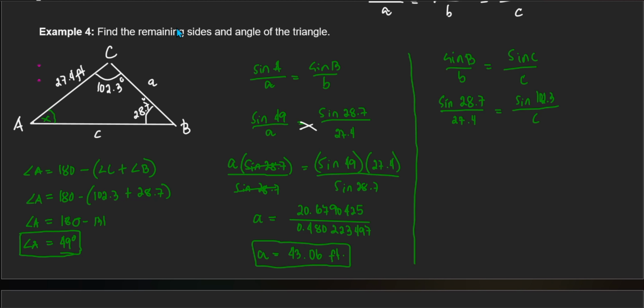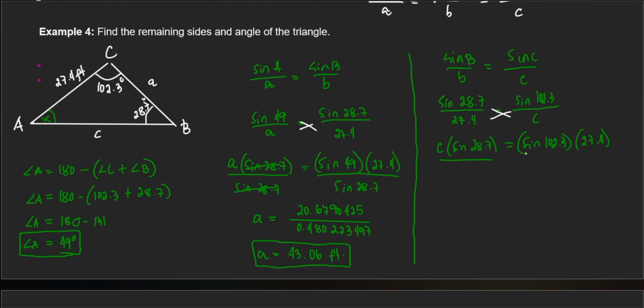So, dito na part, you know na, i-do cross multiply. So, yung maiwan is we have c multiplied to sine 28.7 is equal to sine 102.3, then multiply by 27.4.